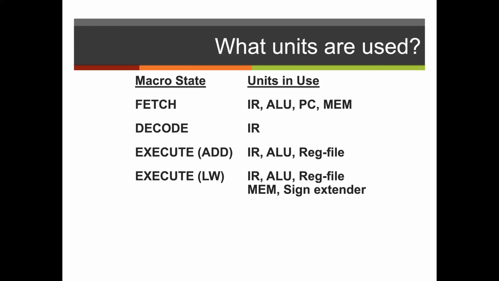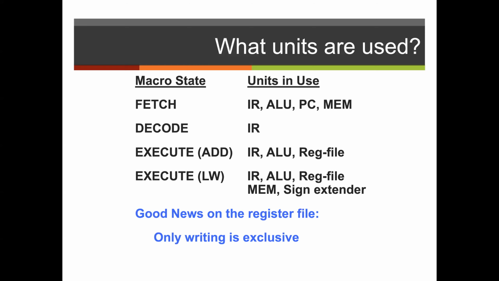And we know that each state is also going to need to do a different amount of work, which we can see in execute, which is going to require different work as well. We also want to consider with the register file that only the writing is exclusive, so we can do the reading simultaneously.